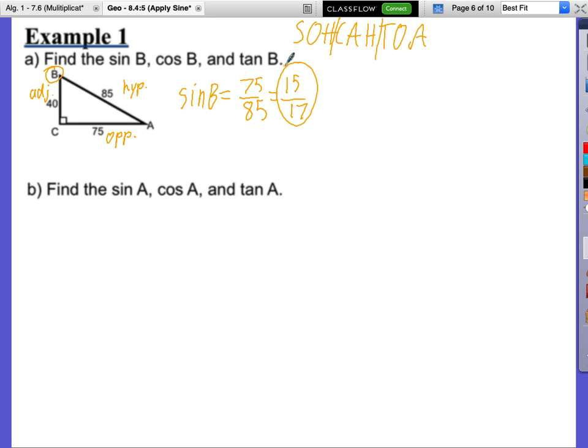Perfect. So if you would just raise your hands. Is that letter A, B, or just A?